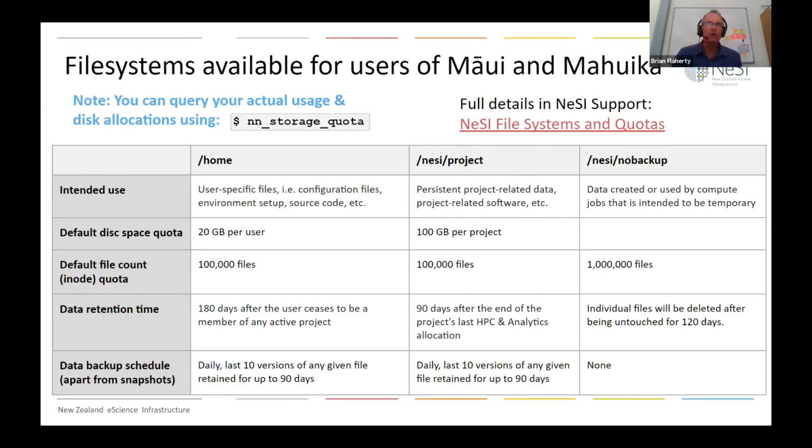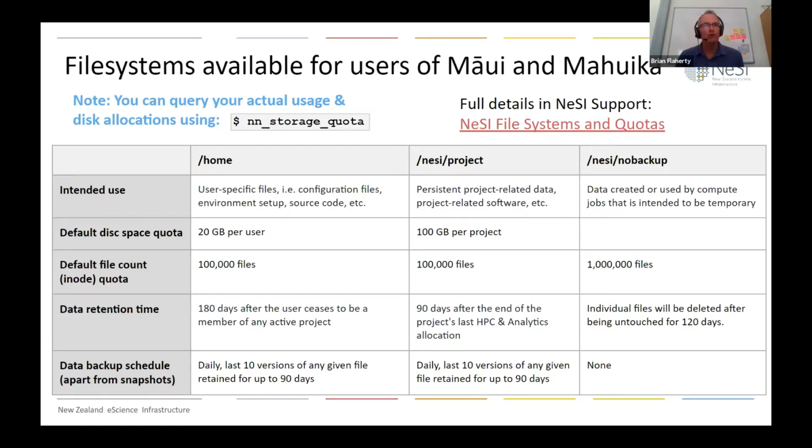And one of the motivations of the project that we're doing in the new process is to make sure that we do have sufficient available storage on no backup, and really also to encourage good data management practices. You'll also see in the table here the key attributes of the different types of storage.